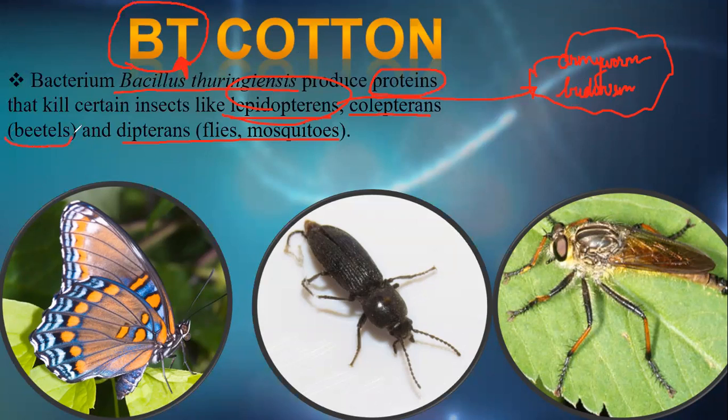Coleopterans include beetles. This one is not a butterfly, it is some kind of lepidopteran, as I have just shown you in the image. Then coleopterans are the beetles just below, right? Coleopterans include the category of beetles that attack plants. And dipterans include the flies and the mosquitoes.